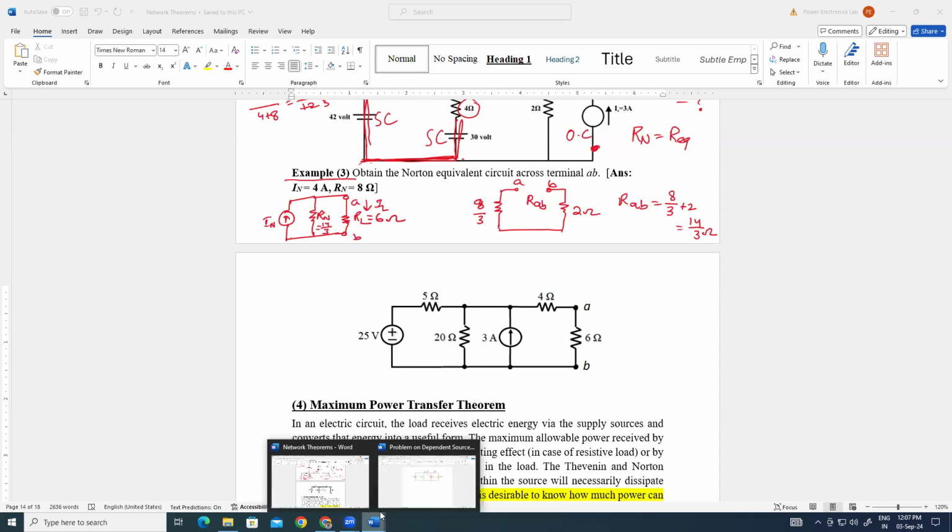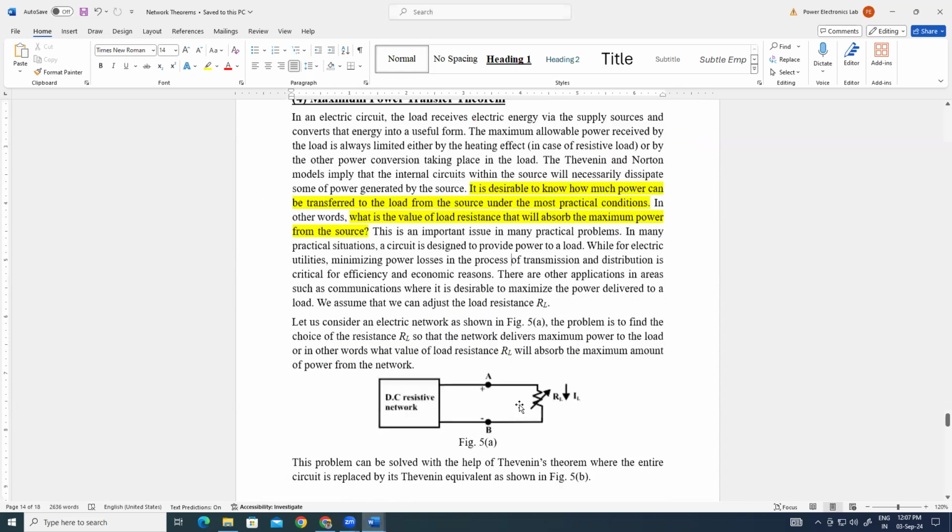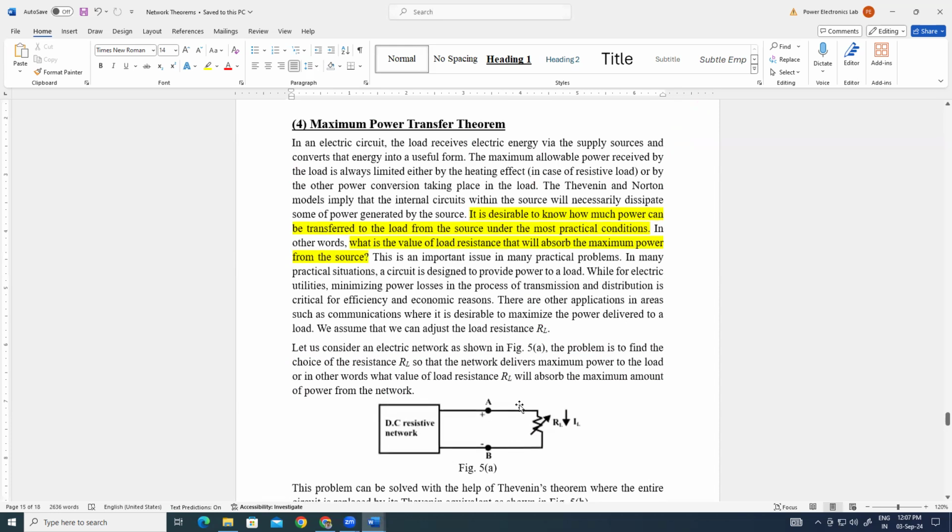Okay, then I will move to the next theorem, that is the maximum power transfer theorem. As the name suggests, the maximum power transfer theorem tells us the maximum power that can be transferred from source to load. In any circuit, you can see that there are some sources and there is some load, and in between some network is there.